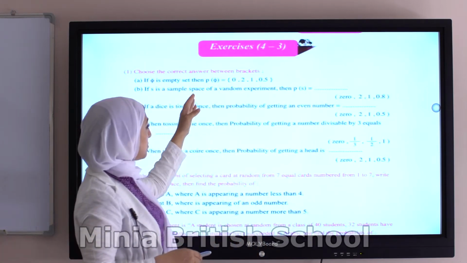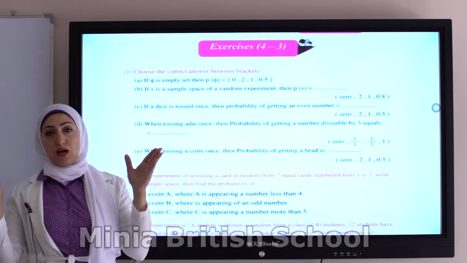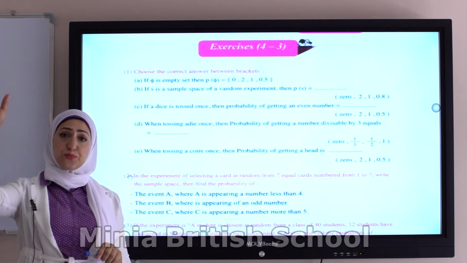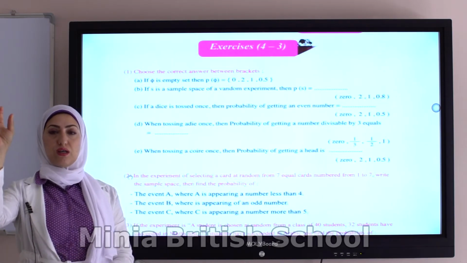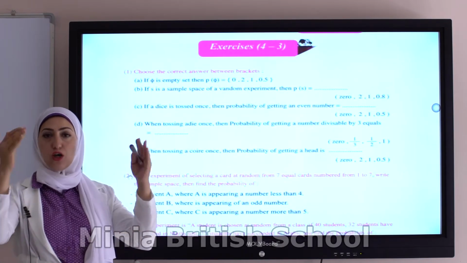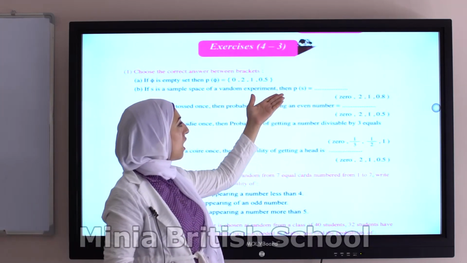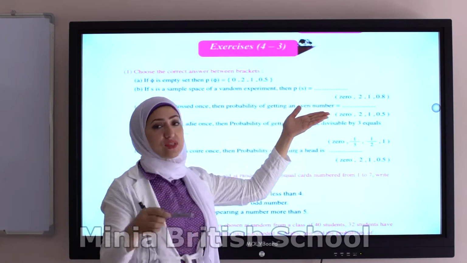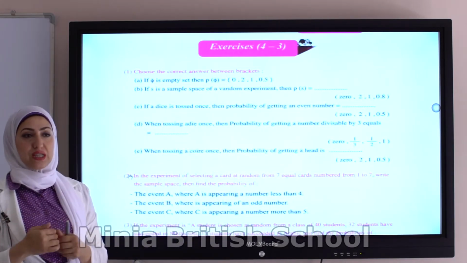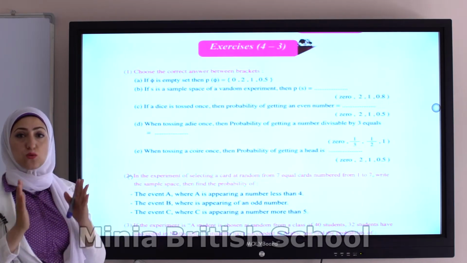As I said before, to calculate the probability, you put the number of the thing which you asked, or the event, over the sample space. Here, I want to calculate the probability of the sample space itself, so I put it over the sample space. It's the same, so S over S equals 1.